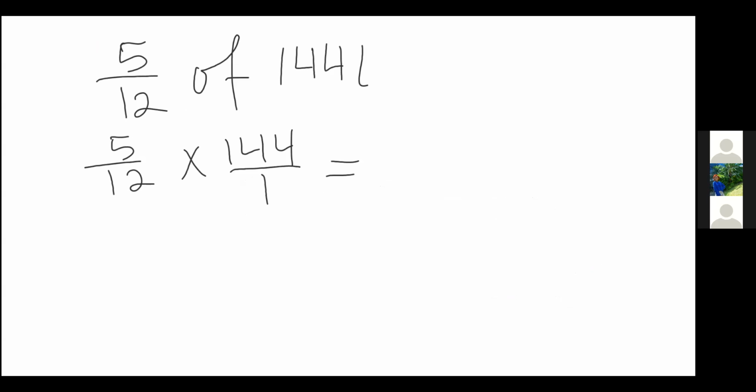I could divide sideways, or I could divide the fractions. So I can say 12 into 12 is 1, and 12 into 144 is 12. And then I go back to my cross multiplication. 12 times 5 is 60 over 1 times 1 is 1, which is 60.